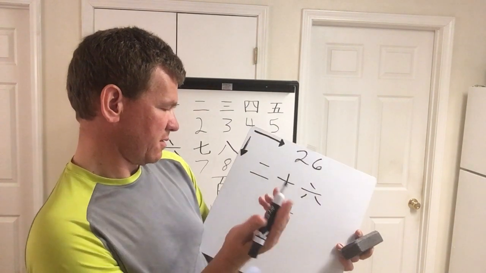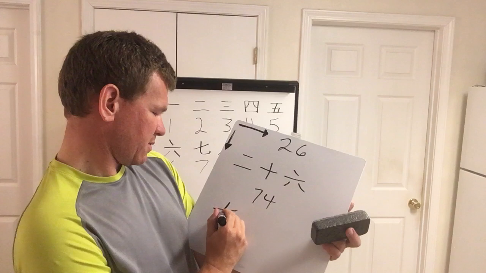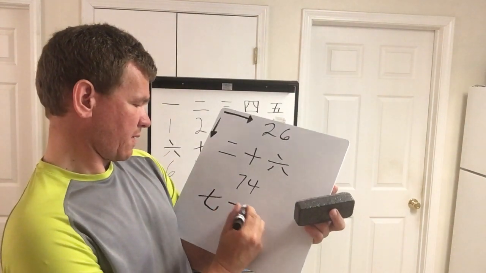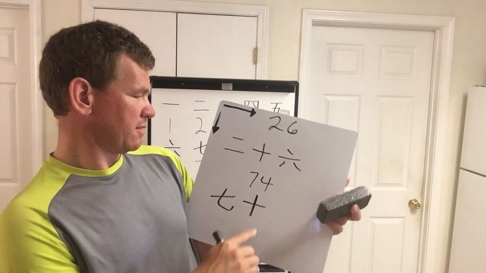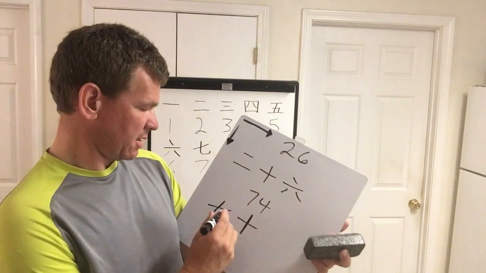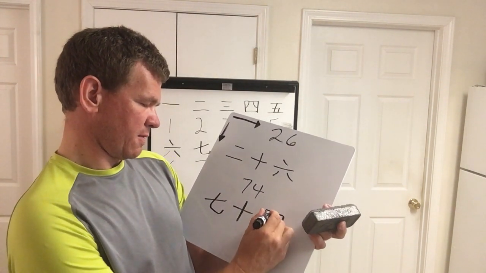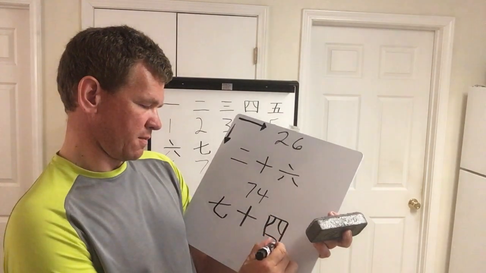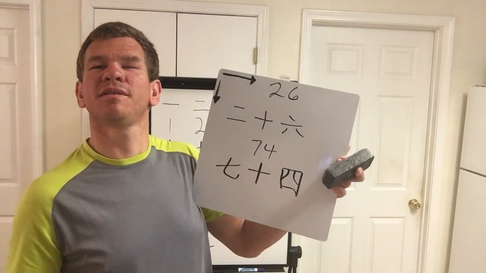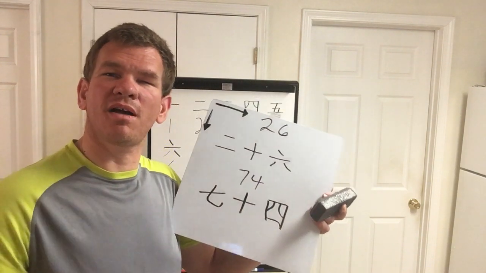74. Another one, just to give you another one. What's 7? 7. 10. Again, you got the 10 because that's the 10th digit. 4. 7, 10, 4. 74. How about that? See, now you can go from 1 all the way to 100.